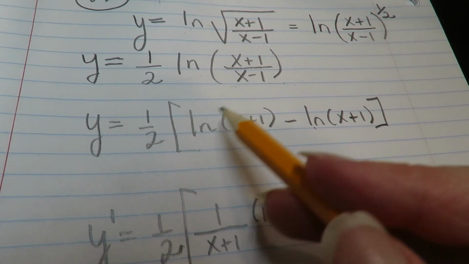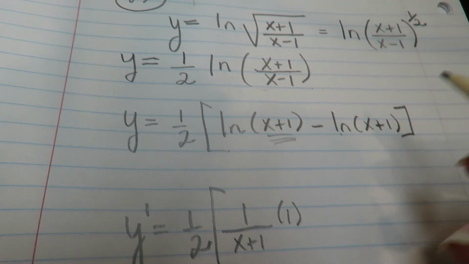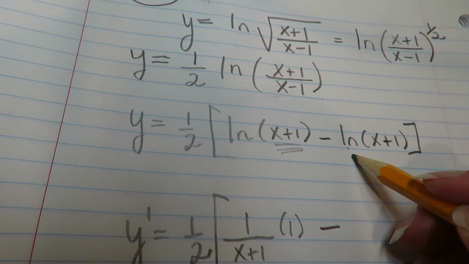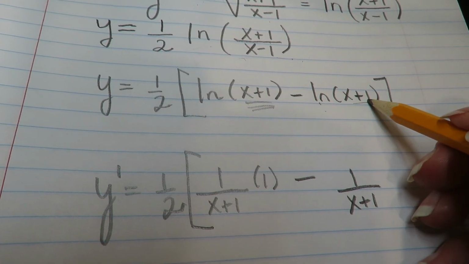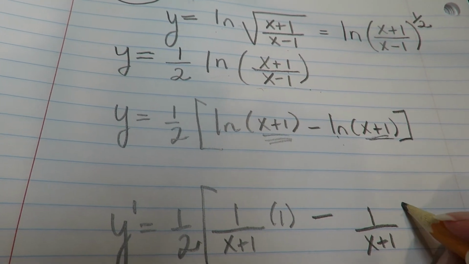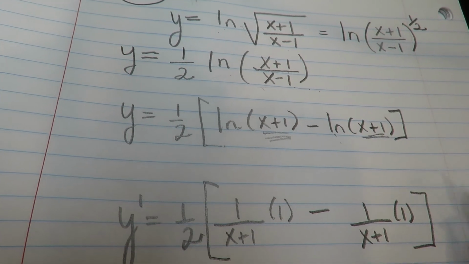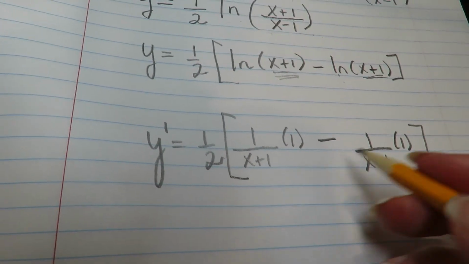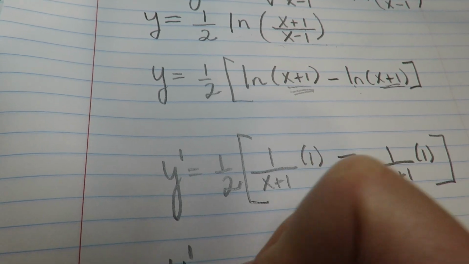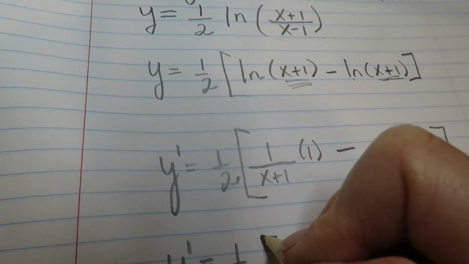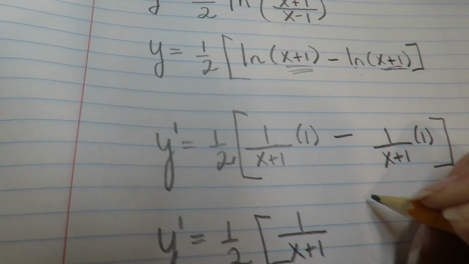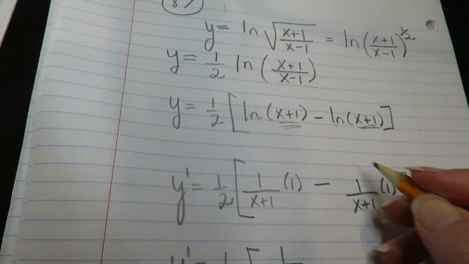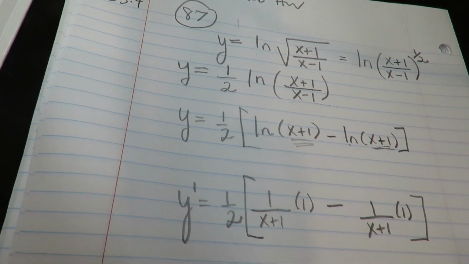Let me keep the brackets up because I didn't actually distribute the 1/2. Derivative of the ln is 1 over the inside. Derivative of the inside of this is a 1. I feel like balancing this already, but I'm going to hold off because I don't want it to be too messy. So let me just write one other layer here. Okay, who did I write wrong? I caught it.